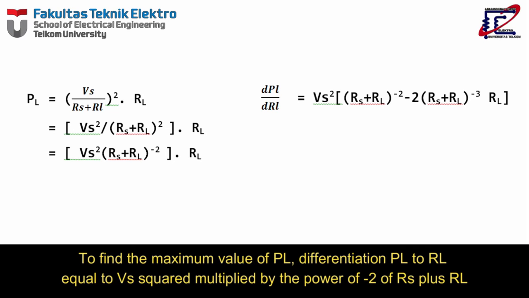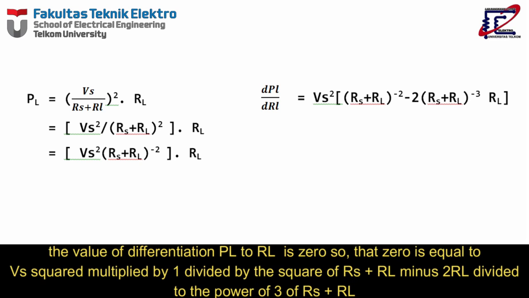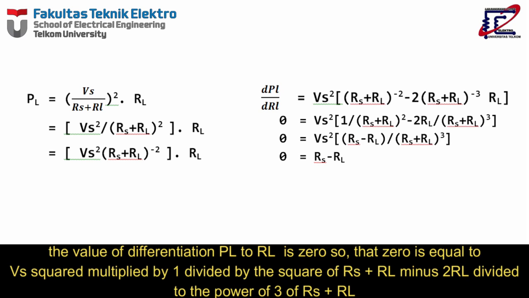dPL/dRL is equal to Vs squared multiplied by (Rs plus RL) to the power of minus 2, subtract 2 multiplied by (Rs plus RL) to the power of minus 3, multiplied by RL. The value of dPL/dRL is 0. So 0 is equal to Vs squared multiplied by 1 divided by the square of Rs plus RL, minus 2RL divided by (Rs plus RL) to the power of 3.